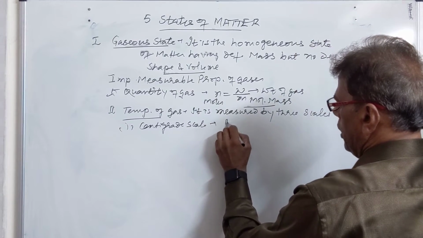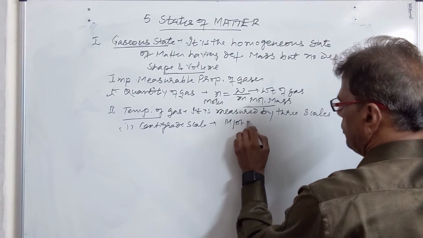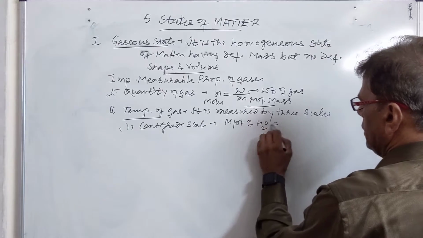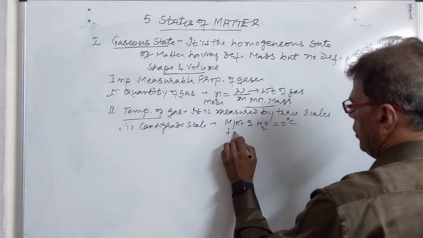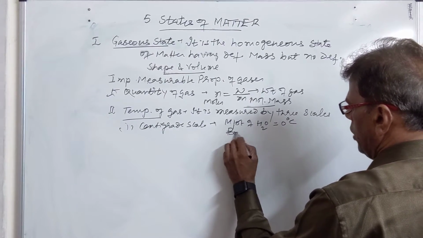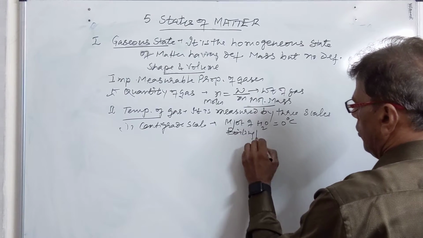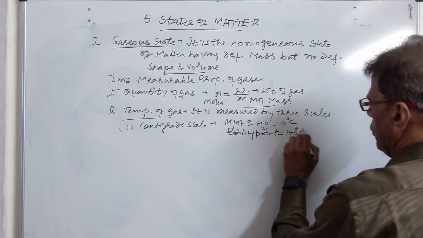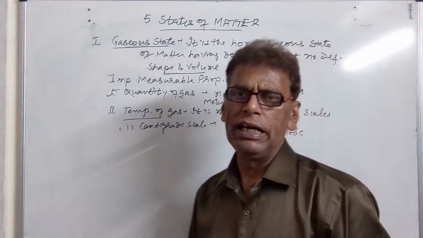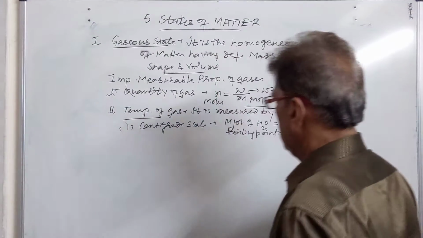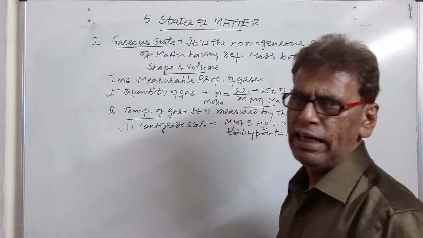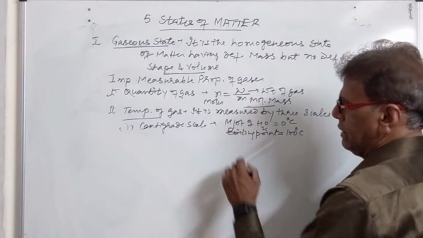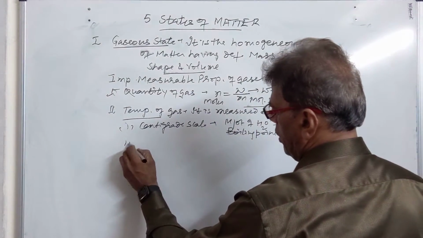Here, the melting point of water is taken at 0 degree centigrade. This is the boiling point of water, 100 degree centigrade. So there are 100 divisions in this scale, and we have a big division after 10 small divisions. So this is the centigrade scale based upon water.